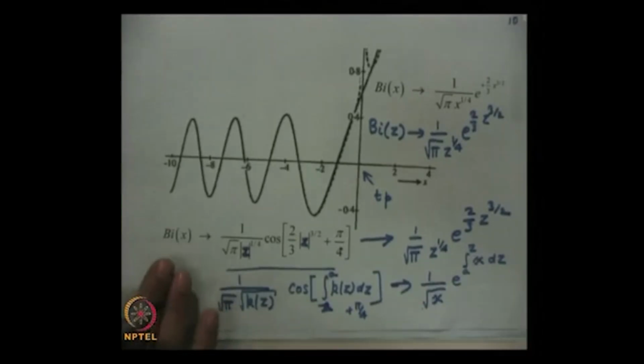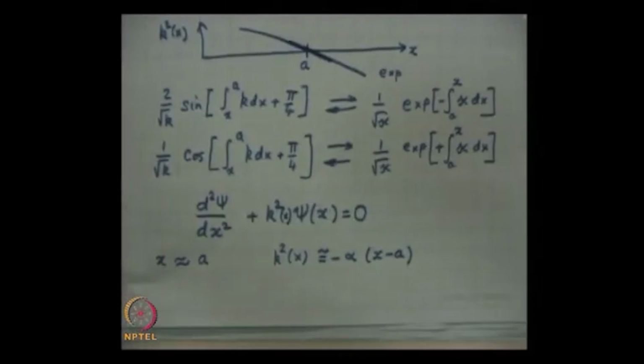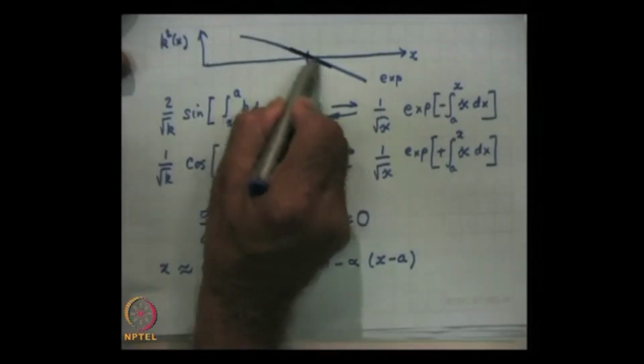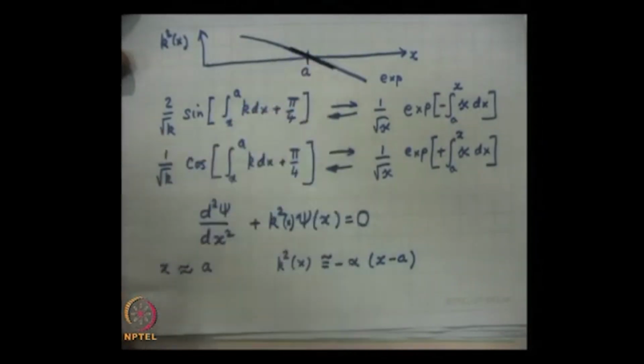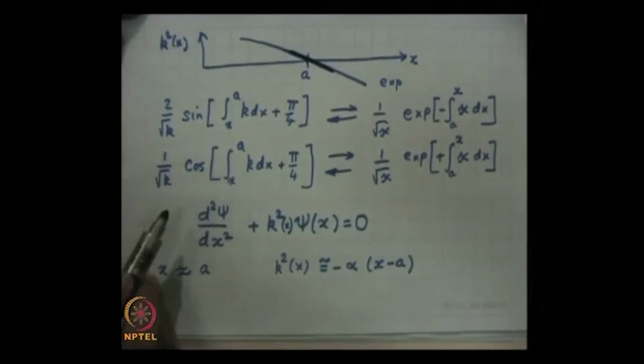So, this is what we have tried to justify, the connection formulae, because what we did was we assumed in the vicinity of the turning point the variation to be linear.